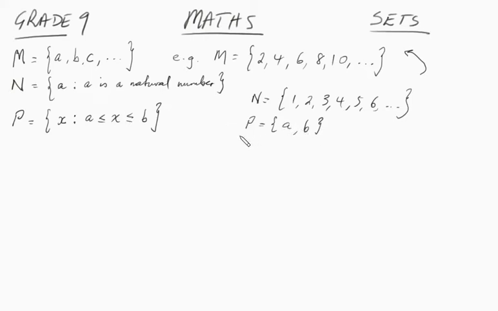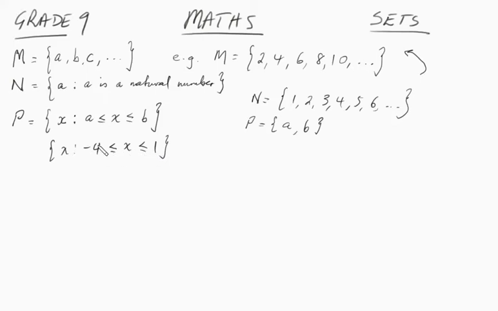But now let's say the interval had been like this. Say P is the set of X such that negative 4 is less or equal to X, which is less or equal to 1. Okay, like this. So that means here now our A is negative 4, our B is 1.